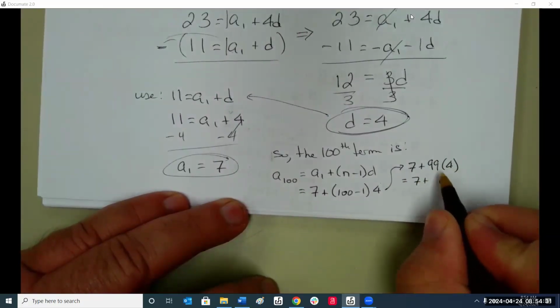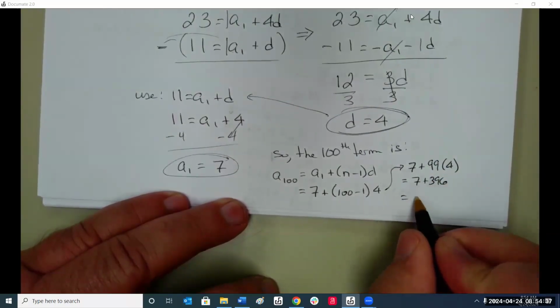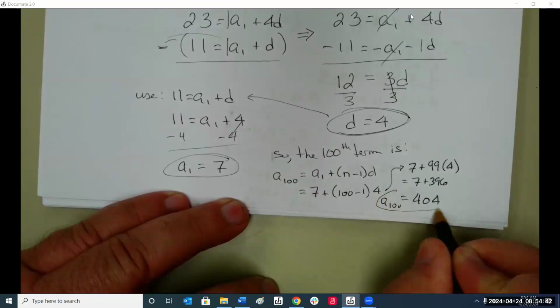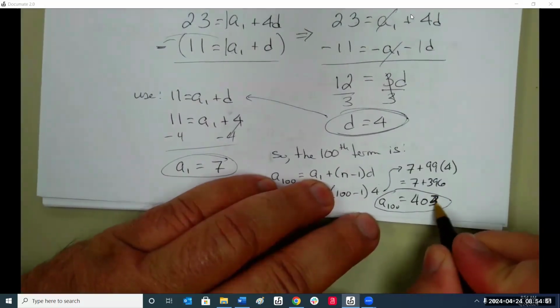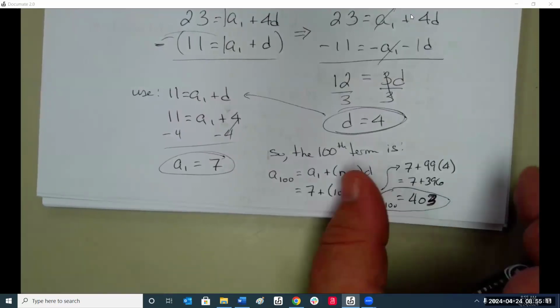Four times 99 is 396. 396 plus 7 is 403. And that's my 100th term. So you see, we sometimes have to go against the grain to go with the grain. We have to do a lot of backtracking to find out what's going on. So that's an arithmetic sequence.